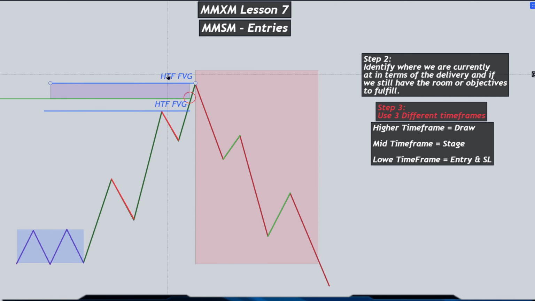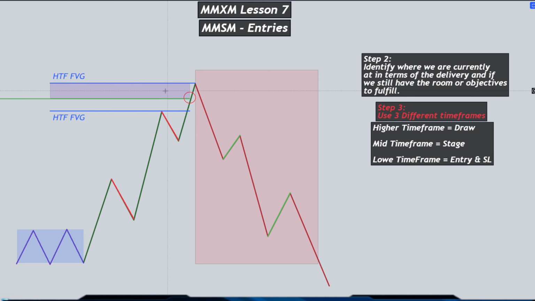So let's say this is your higher time frame fair value gap that you have identified as your draw on liquidity. Inside of that higher time frame fair value gap, if you have buy side liquidity in the form of an old high sitting, often what smart money or price will do is it will kill two birds in one shot, which is taking the liquidity, rebalancing the imbalance area or the unfilled area, and then deliver.